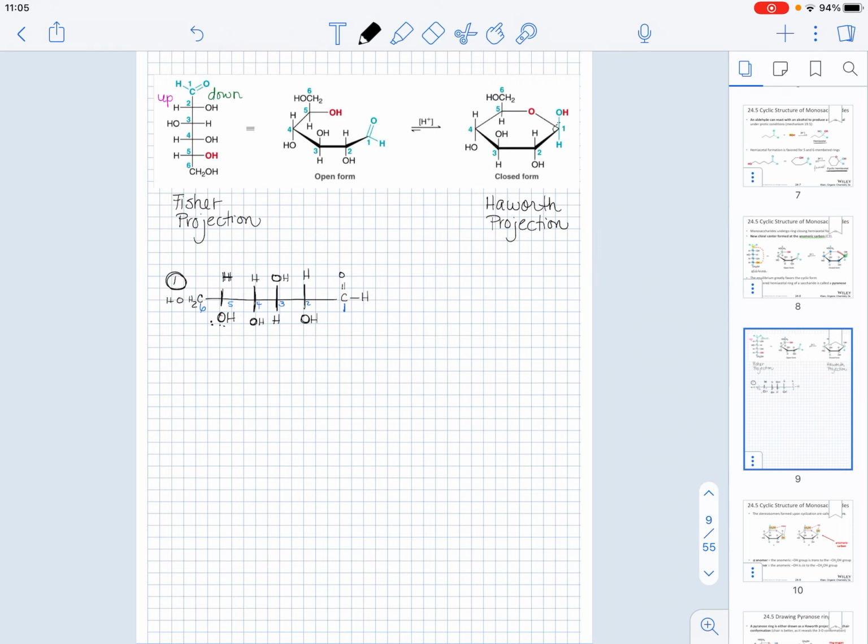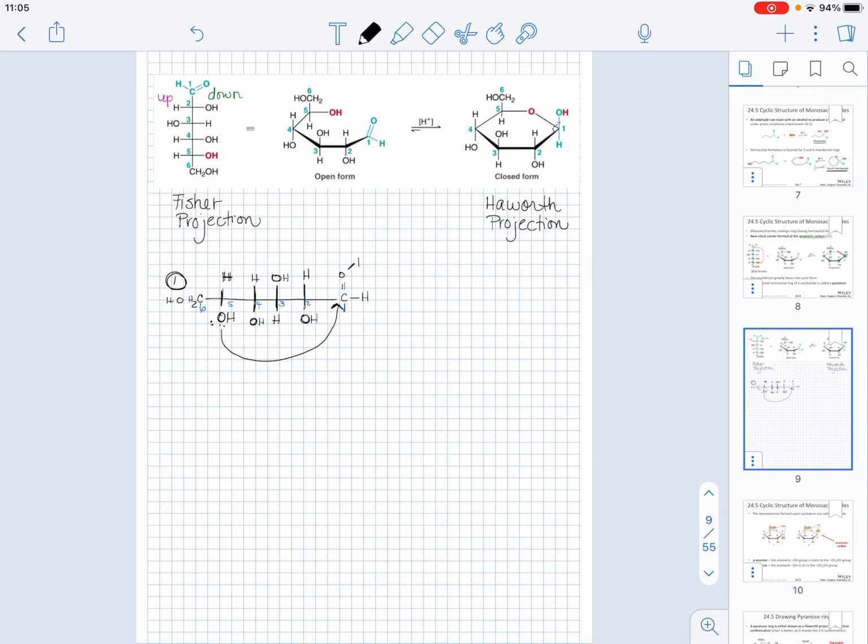One of the lone pairs from the oxygen is going to go and attack that carbon atom. Okay? Now, understand that this specifically is going to happen under acidic conditions.